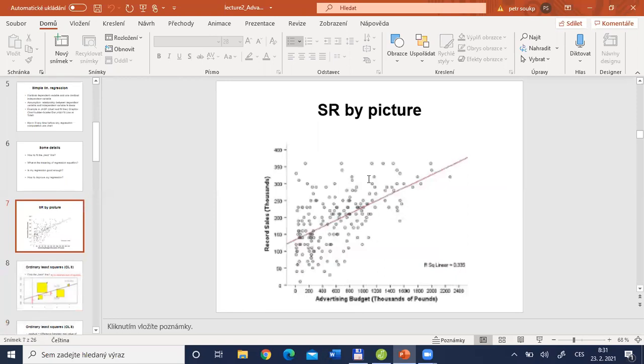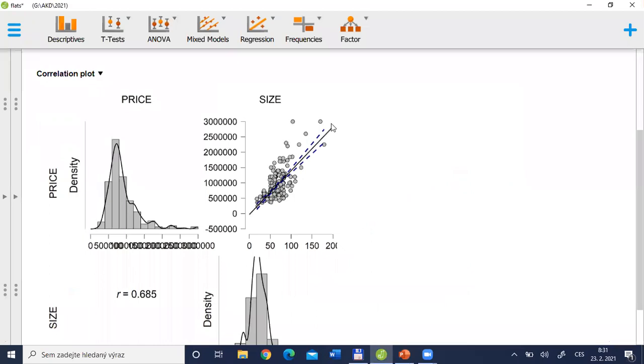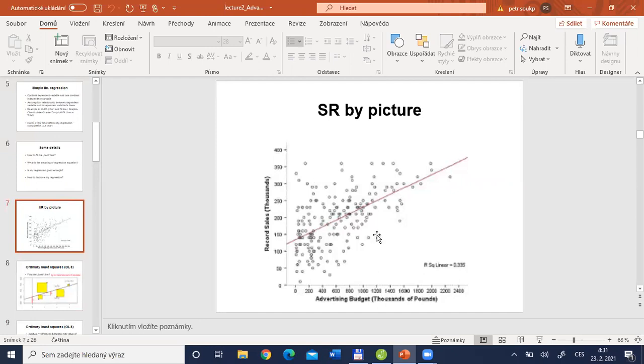So here is a second picture of some regression line. This is a picture which is copied directly from the Field textbook. And here you can see that this picture is not as nice as our current picture. So here the points are quite close to the line. Here points are not so close to the line. And this is the picture of advertising budget and number of record sales in thousands of units.